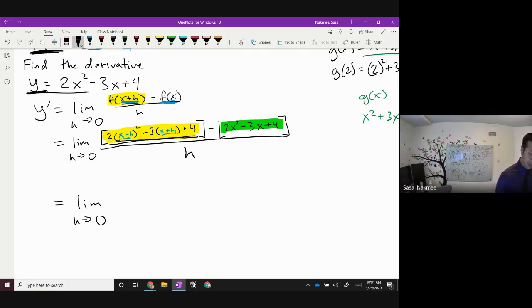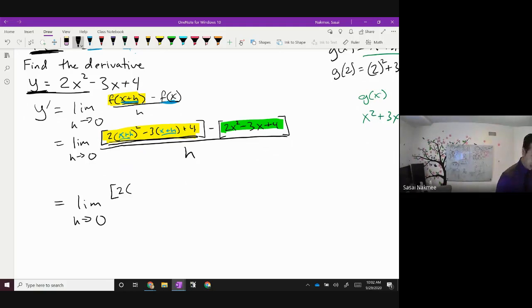So let's go ahead and start simplifying these equations here, right? So right here, this is going to be in the first one right here. I'm going to put it down. It's going to be, let's put it with brackets here. There's going to be 2 times, this will be x plus h quantity squared, right?